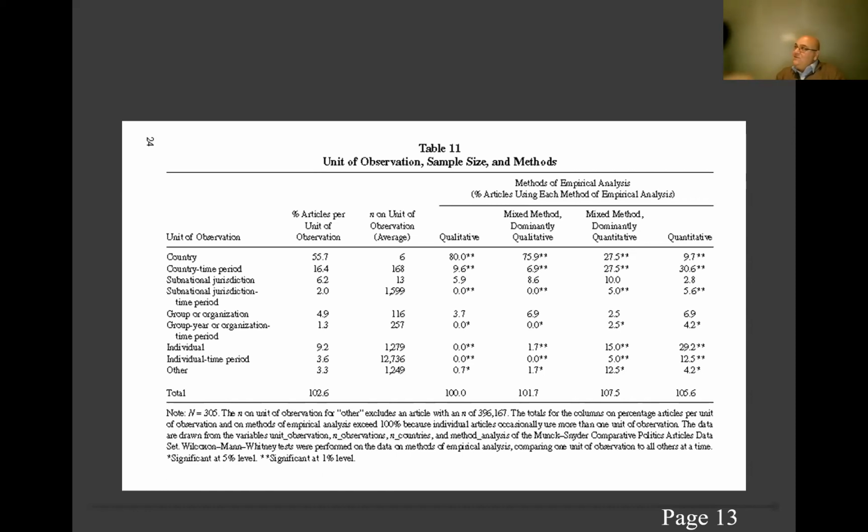In the US, comparative politics is the kind of family of regional studies. Do you follow me? Yeah, comparative. I'm a kind of comparativist.